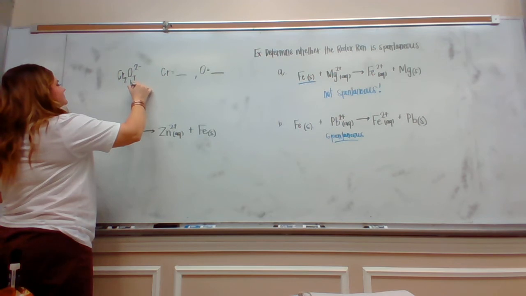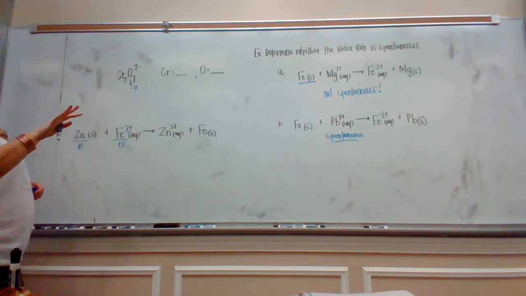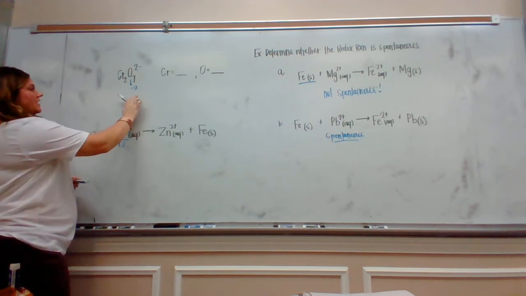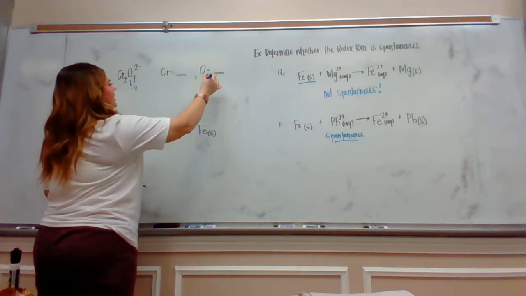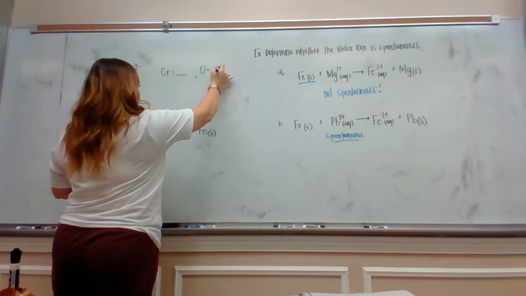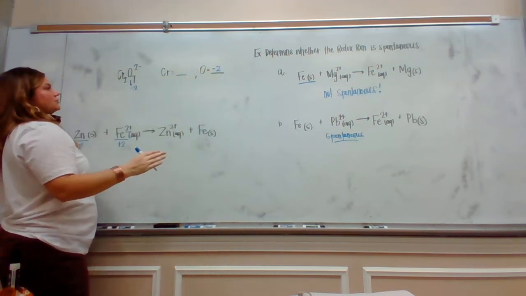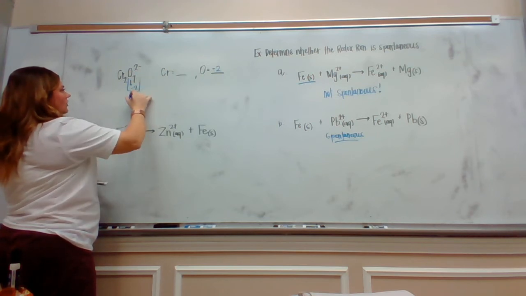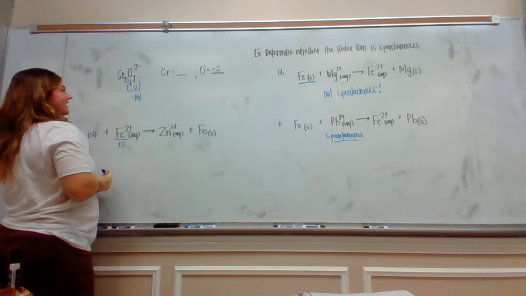It's like 95% sure that oxygen's always going to be a -2. So if oxygen is -2 and I have 7 of them, each individual oxygen is -2. But because I have 7, overall that gives me a -14.